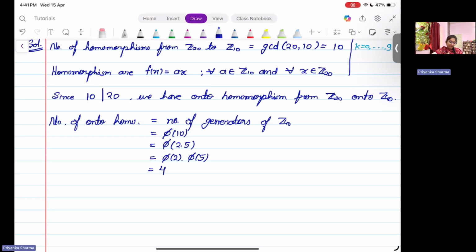So how to write them? For that, we will again consider the generators of Z10. Here this a can be any of the 10 elements of Z10, but if f of x is ax and this is an onto homomorphism, then a can be a generator of Z10 only.